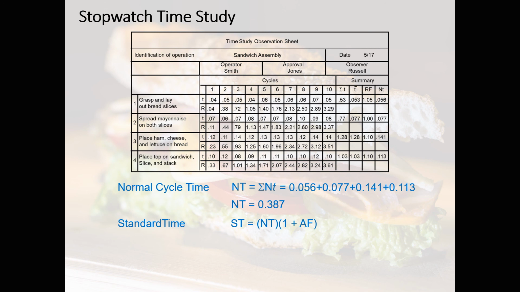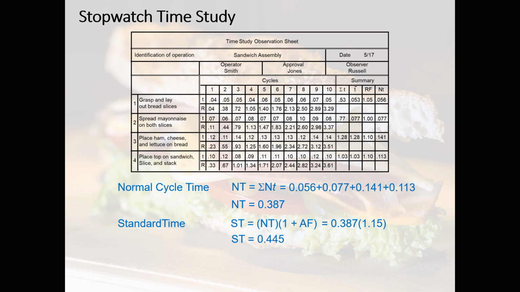So in our sandwich assembly example that we have here, we're going to take our normal cycle time and multiply it times an allowance factor of 0.15 plus 1, of course. So we're taking the 1 plus 0.15, with the 0.15 being our allowance factor. We're going to multiply that times the 0.387.